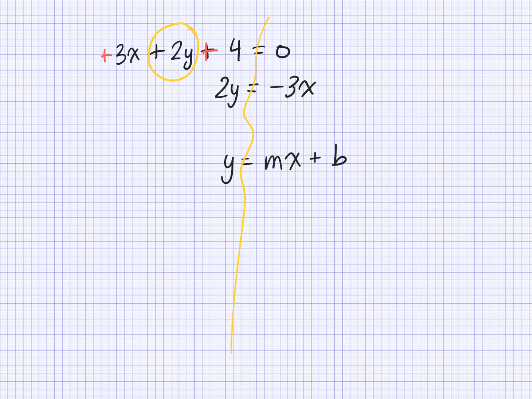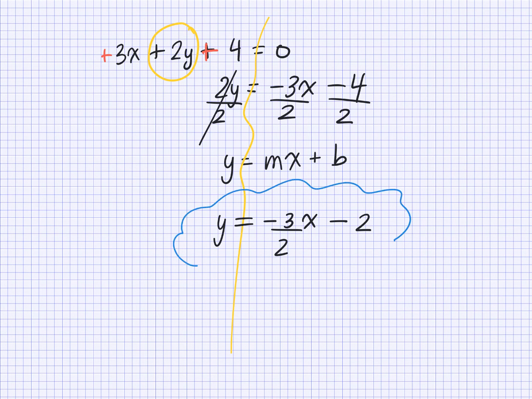This is positive, it becomes negative. Divide everything by 2. And what am I left with? Y equals negative 3 over 2x minus, what's 4 divided by 2? 2. Raise your hand if you got this as your equation.